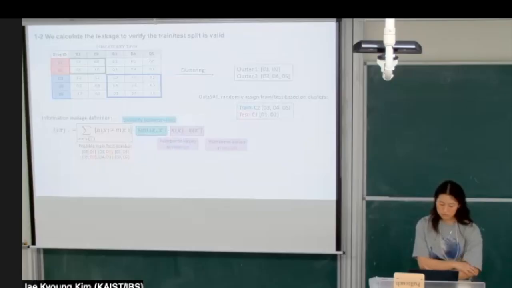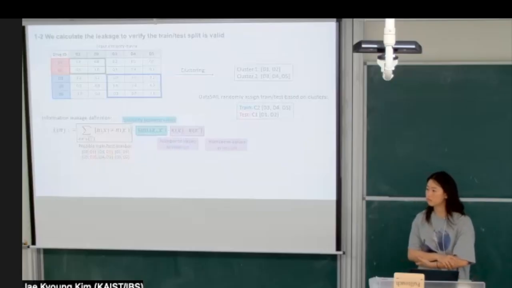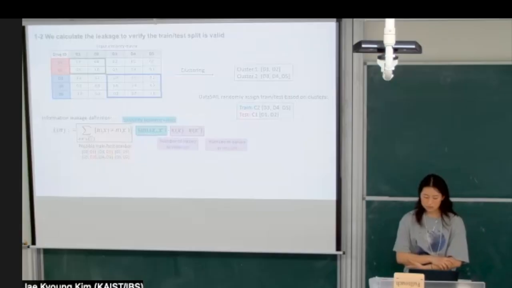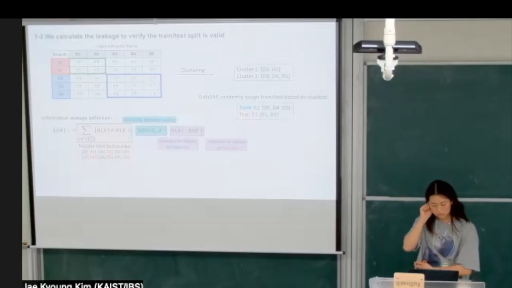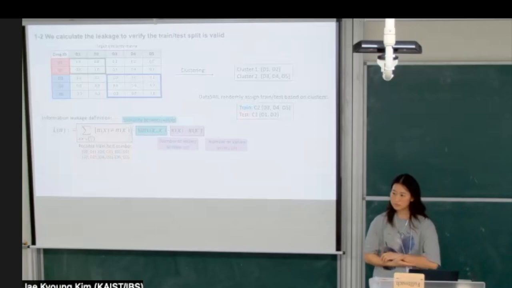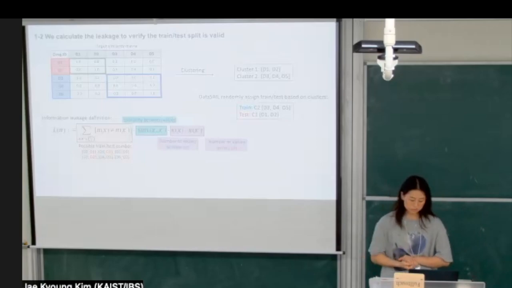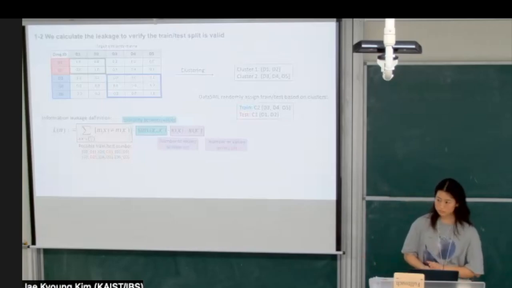The number of the train set and the test set are, say, minimized. Leakage is actually maximized when they are the same, according to this formula. Let's say we have a total of 100 data points. 50-50 is maximized leakage right now. 100-0 is no leakage.